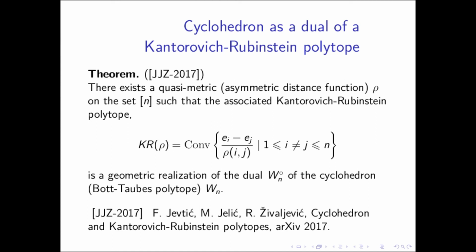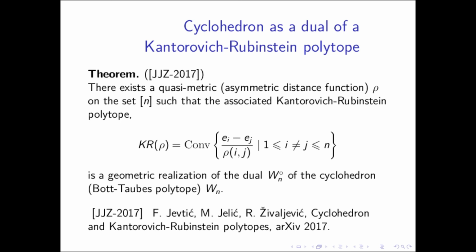It says that, surprisingly enough, the cyclohedron, or the Bott-Taubes polytope, one of the famous polytopes, appears as the Kantorovich-Rubinstein polytope associated not to a metric. It's not possible because the Kantorovich-Rubinstein polytope associated to a metric is centrally symmetric, and the cyclohedron is not centrally symmetric.